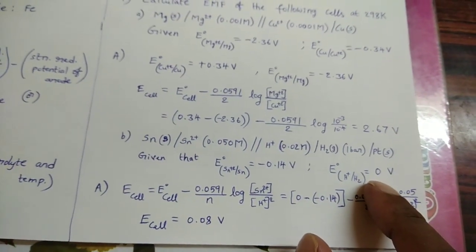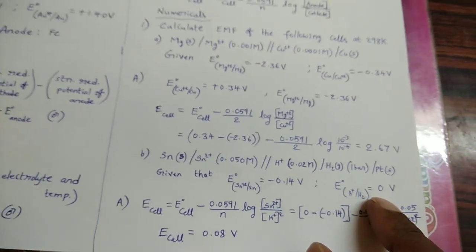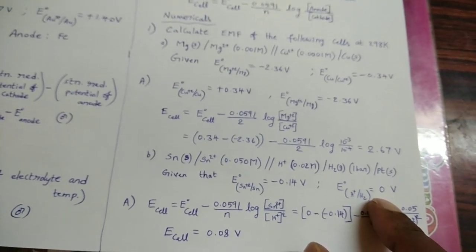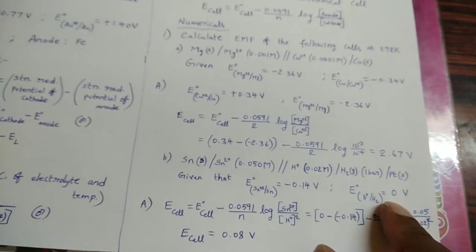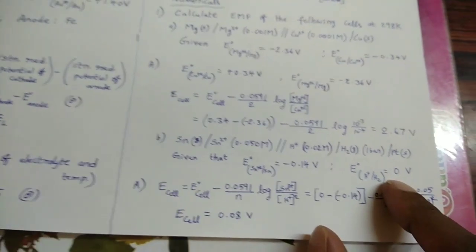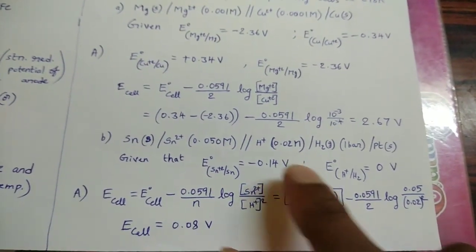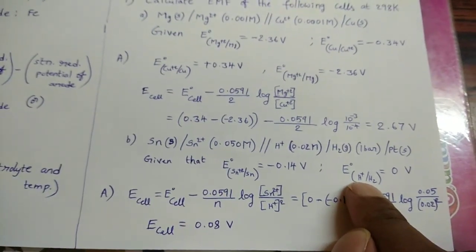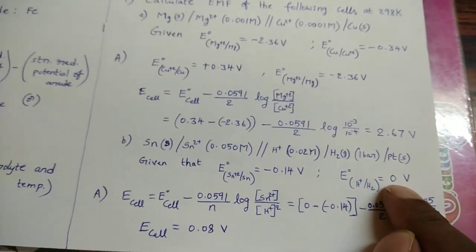Already we know that it is used as a reference electrode. Its value is 0. It can act as both cathode and anode depending upon the electrode potential of the other metal. Here tin value is negative, and hydrogen, reduction potential or oxidation potential, whatever it is, the value is same, that is 0 volts.